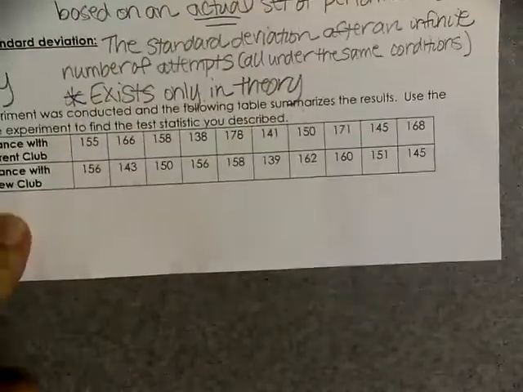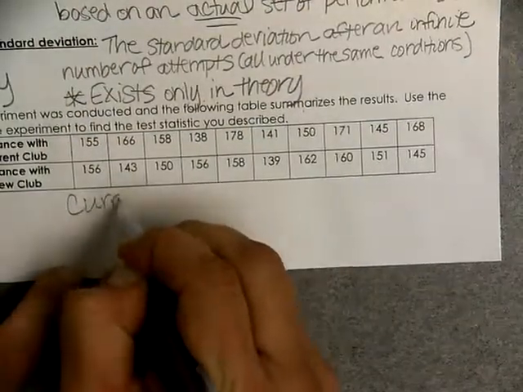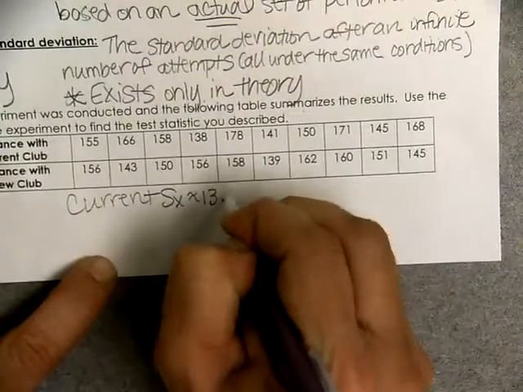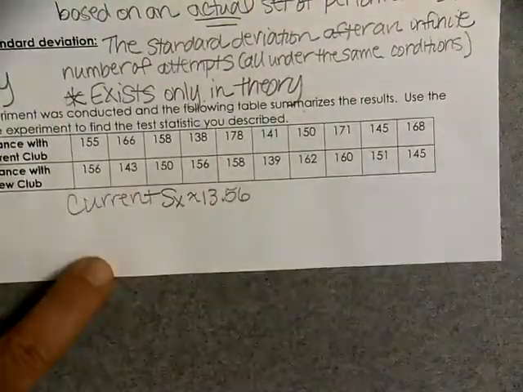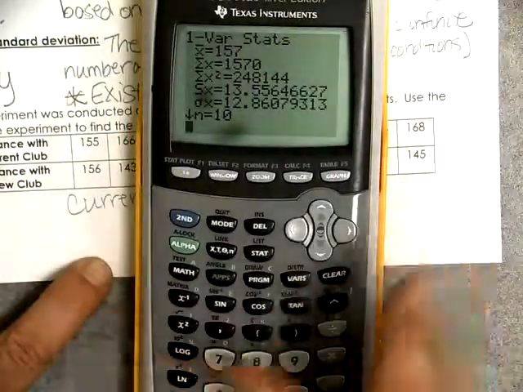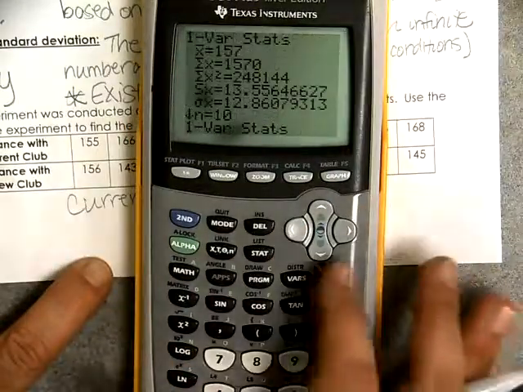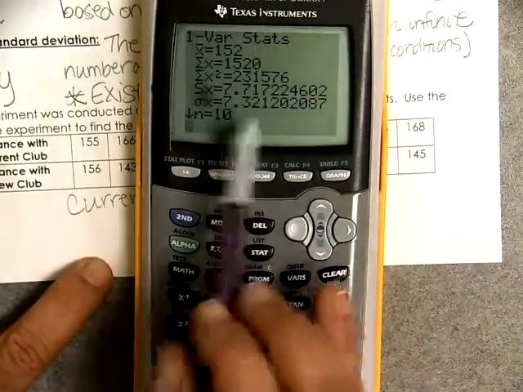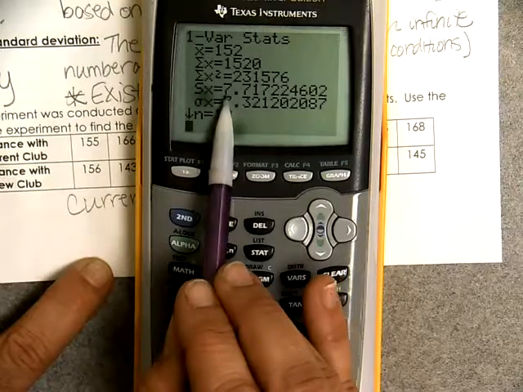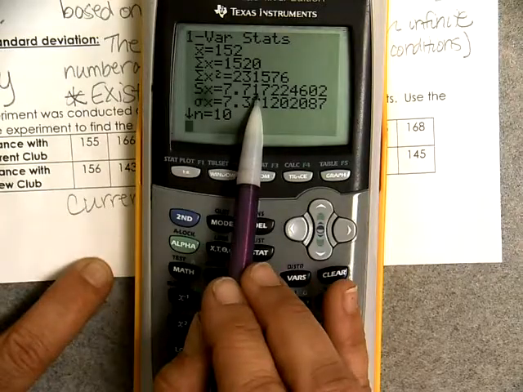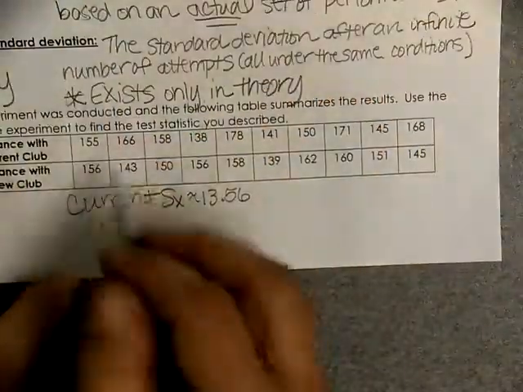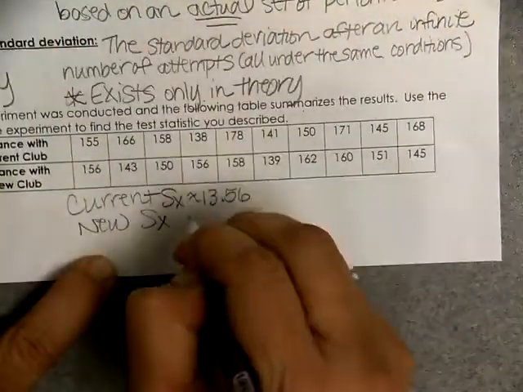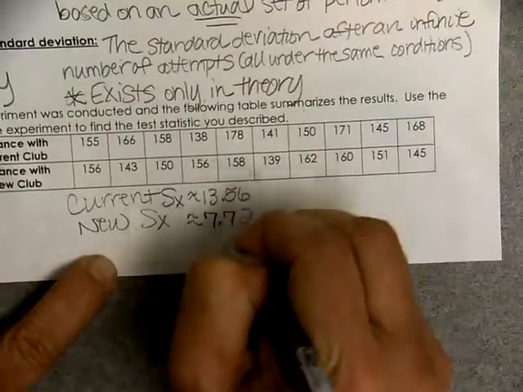So I'll make a little note here that my current standard deviation is about 13.56. Then I can do the one variable stats, clear it out, for L2. And I see that the standard deviation for the new is 7.72.